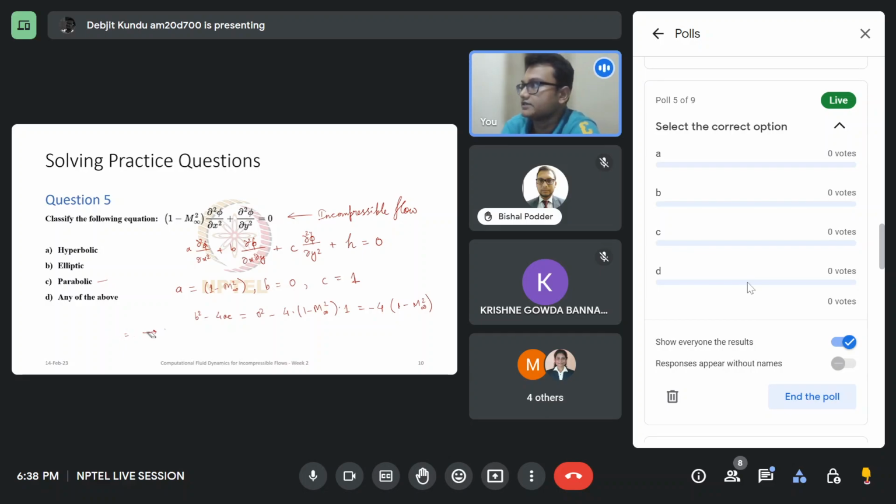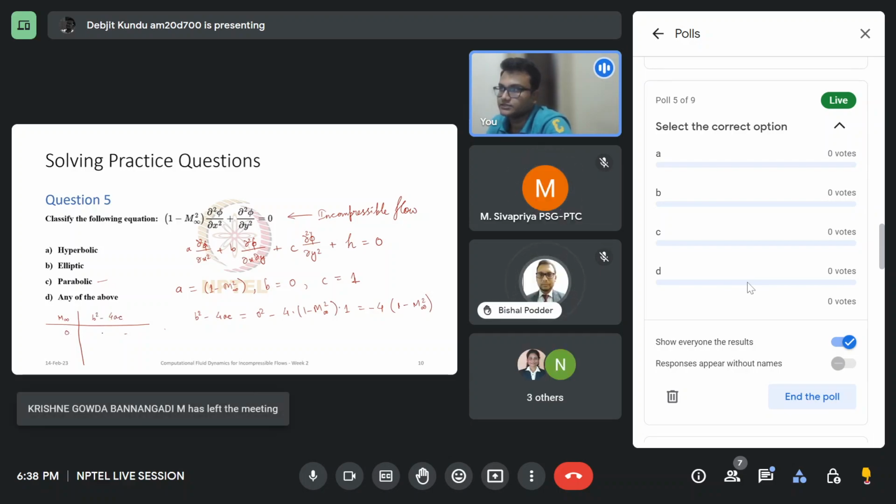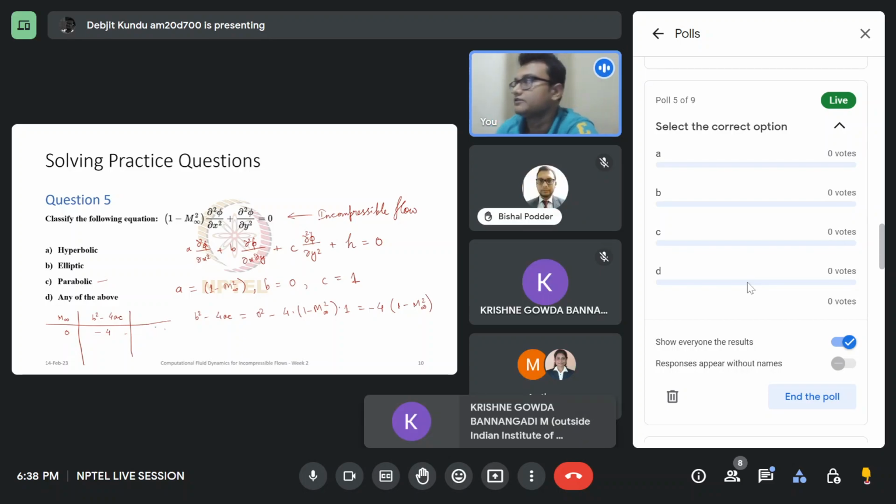So let's make a small chart over here. We have m infinity here and b square minus 4ac here. So if m infinity is 0, it would be minus 4. This being negative means the type of equation would be what? Elliptic.